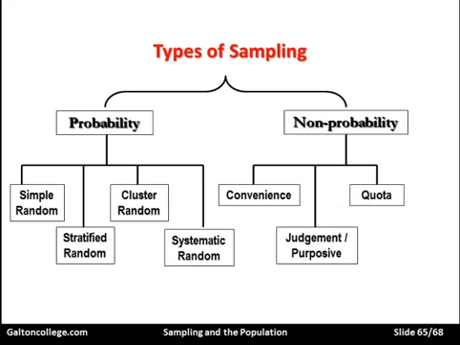And quota, we've just looked at the end, which is also very biased. It's just looking at a quota of people, or of a subset of the population, which is identified and picked by the researcher for sampling purposes. But the results of that activity, of course, are biased.